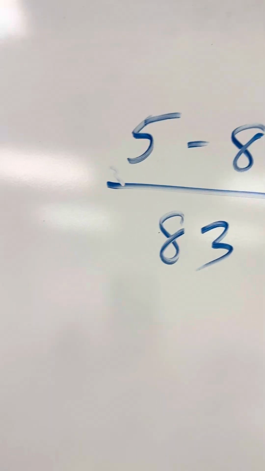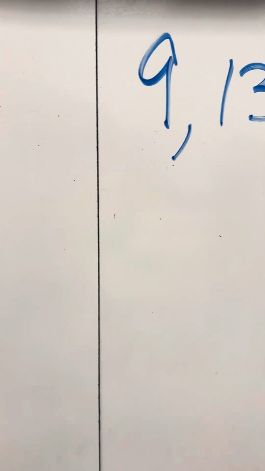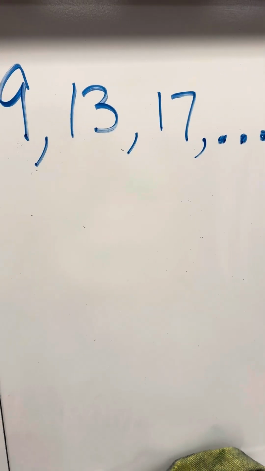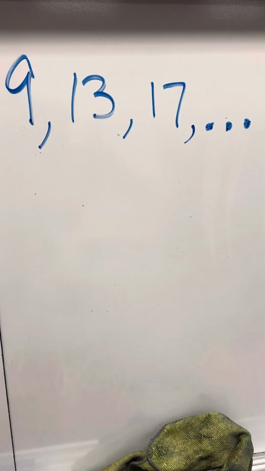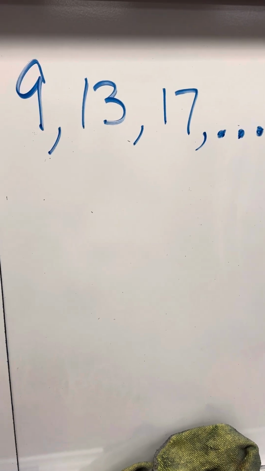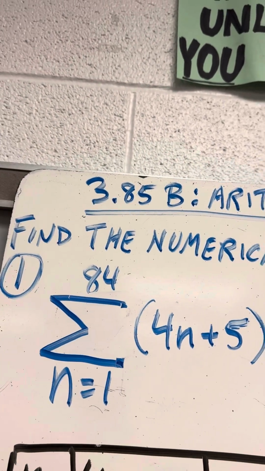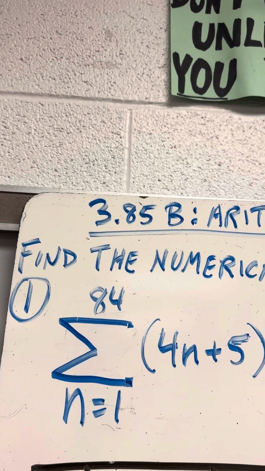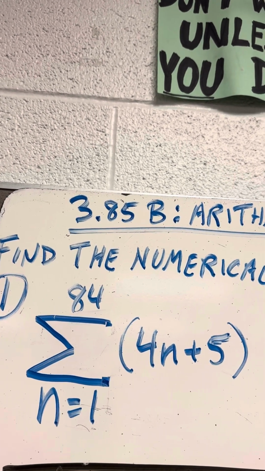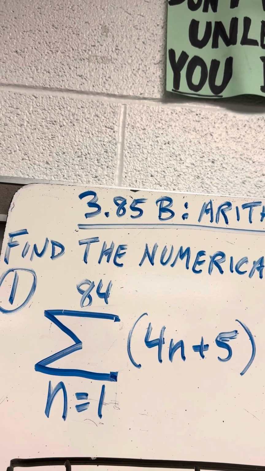Okay, so in previous series, we would have a problem like this: 9, 13, 17, and so forth, okay? But today, we have this. We have sigma, where n equals 1 to 84, 4n plus 5.